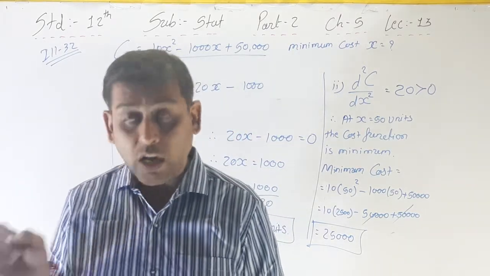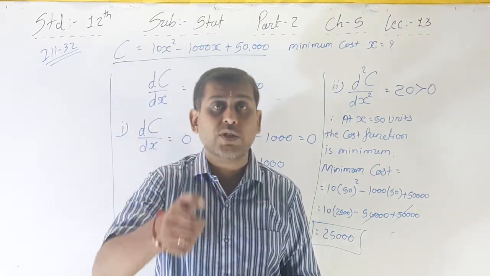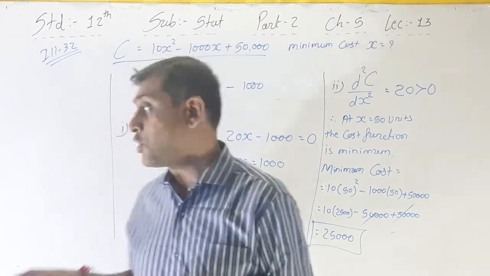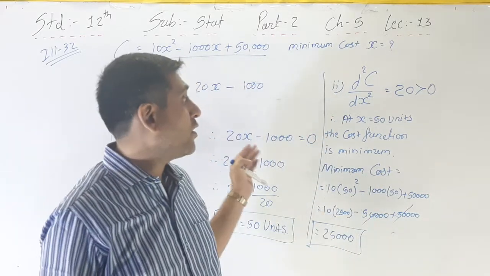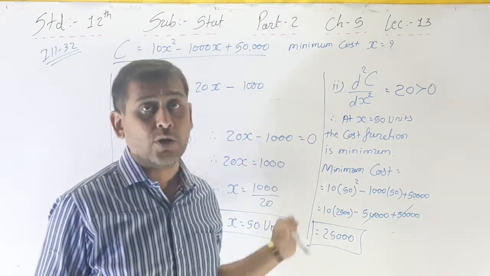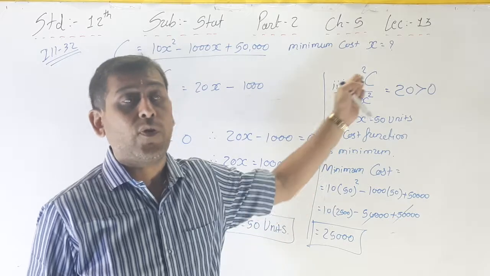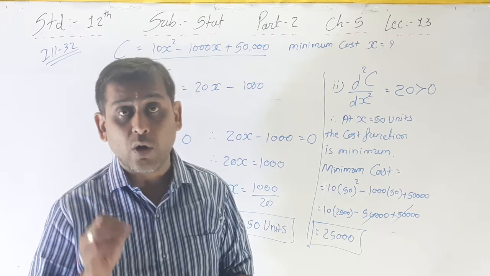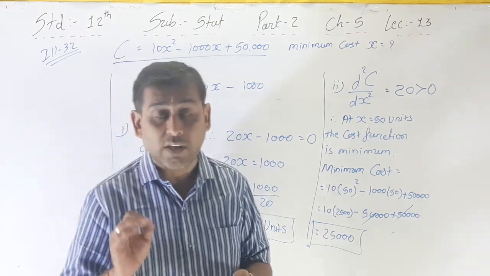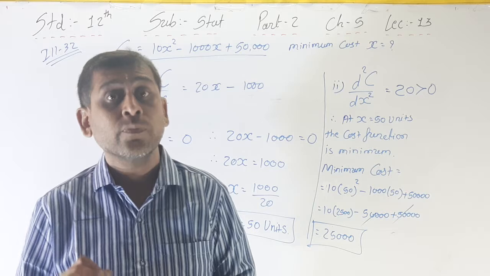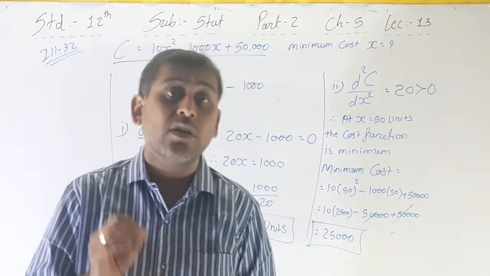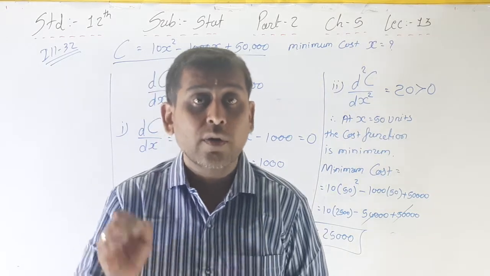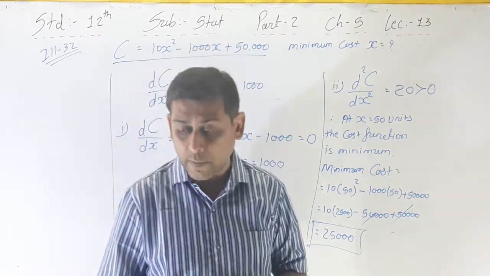The cost function is given in a twisted form, and we have to find the first differentiation of that cost function, then the second differentiation, put the stationary value of x into the second differentiation, and find at which x, at how many units we have to produce, the production cost is minimum.